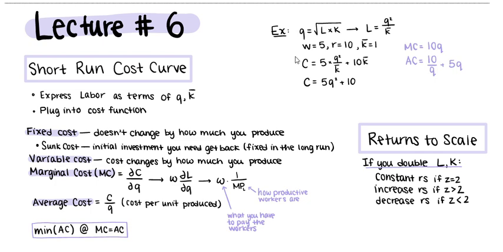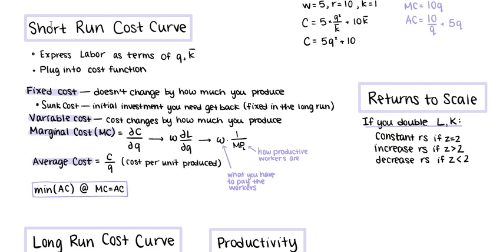So we can draw this cost function, and differentiating the cost function, we get marginal cost, 2 over q. Dividing by q, we get the average cost.